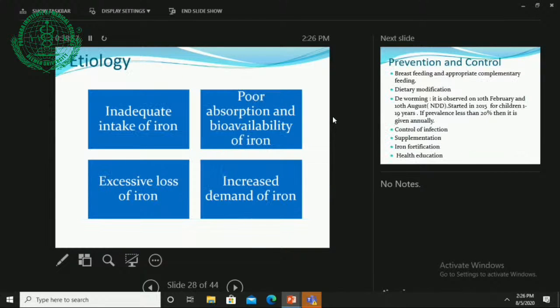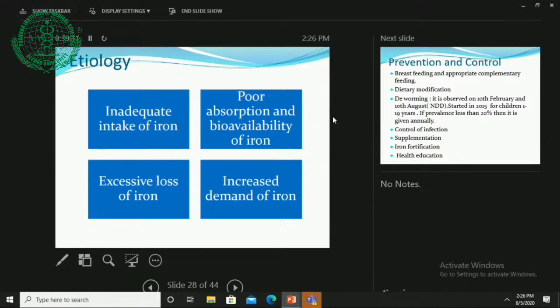Now we'll see what is the etiology, and there are four main causes for iron deficiency anemia. So first cause for iron deficiency anemia is inadequate intake of iron.